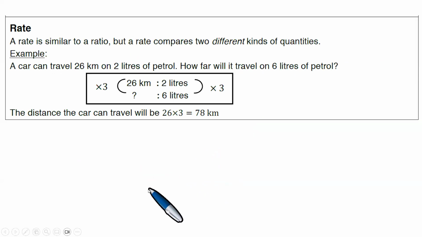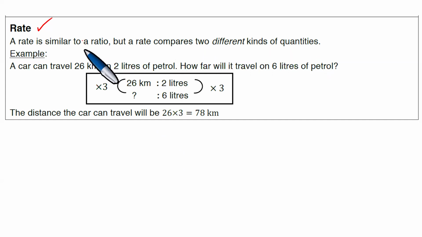We have 9 minutes. We're looking at ratios, but now let's discuss rates. A rate is similar to a ratio, but a rate compares two different kinds of quantities.